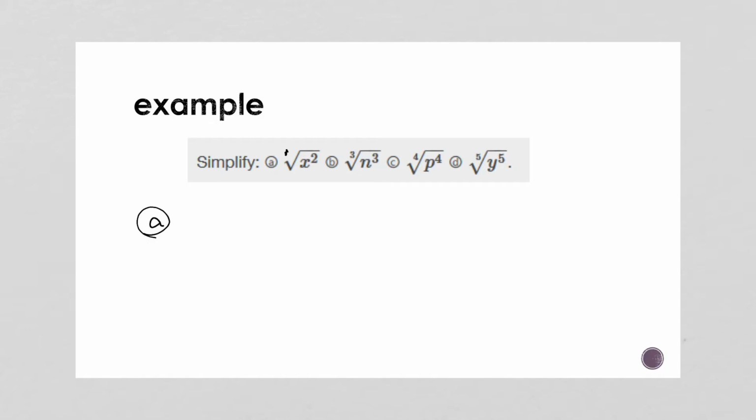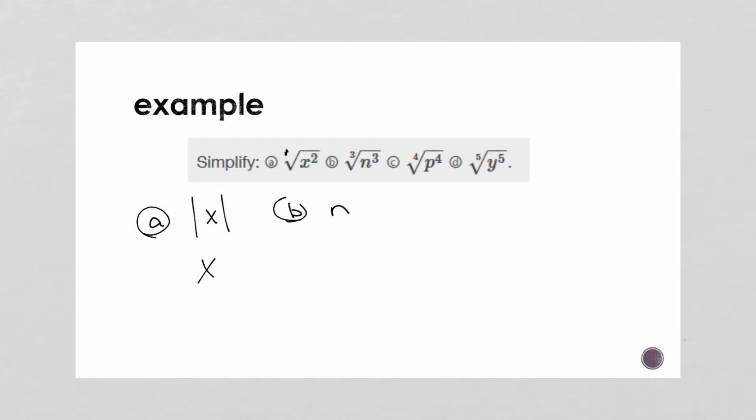So our answer would be the absolute value of x, which in your homework, you're not going to put the bars around it. You will simply say x, okay? All right. For letter B, the 3's cancel, and because it's odd, we don't really care so much about the absolute value, and so we have just n here.